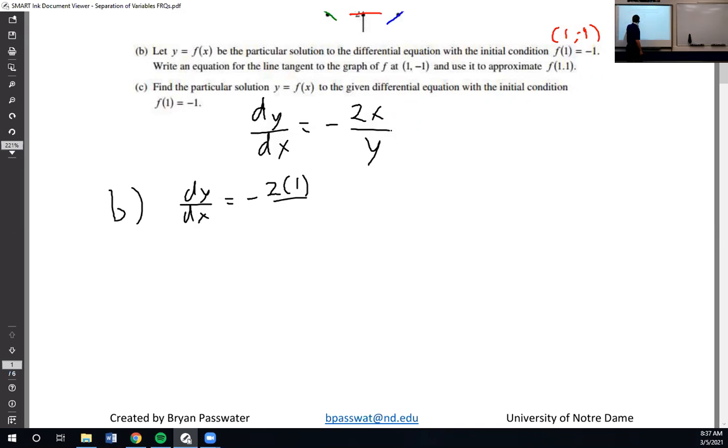X is 1, y is negative 1, so dy dx is negative 2 over negative 1. Since that's dy dx, that's going to be the slope of our tangent line. It wants the equation of our tangent line. The equation of our tangent line: y minus your y coordinate equals the slope times x minus the x coordinate.